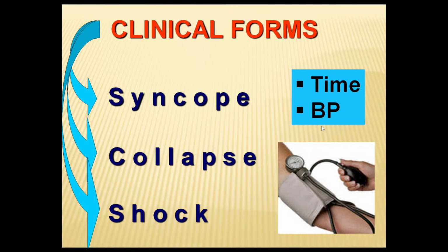If you remember the preceding slide, it shows that the pathogenic process finishes with decreased blood pressure. Objective sign of vascular failure is decreased blood pressure. Depending on time of appearance, we distinguish each clinical form. Let's see.